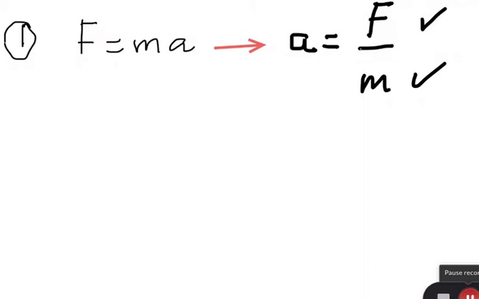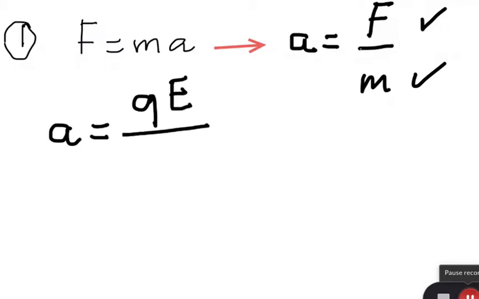Particularly in this type of question, we can also express a as Q, the charge of the particle, times E, the electric field, divided by the mass of the electron. But since we are not given the electric field, we can also use a equals QV over m d.